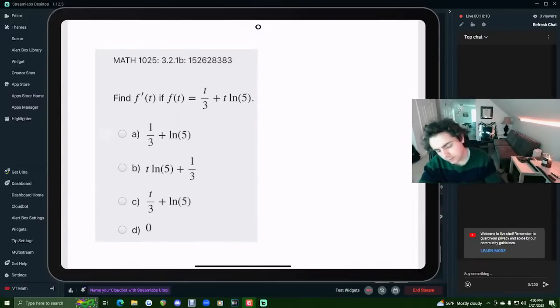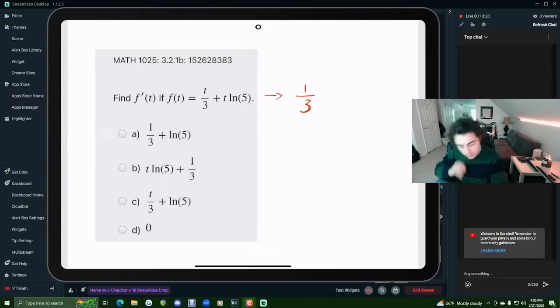This is a good one. So we're finding the derivative of all of these. We do see t's in the mix, so the derivative will not just be 0. The derivative of 1t is just 1, and because it was over 3 originally, the 1 will stay over 3. And then the t times ln of 5, well, that's the same thing as ln of 5 times t, or a number times t.